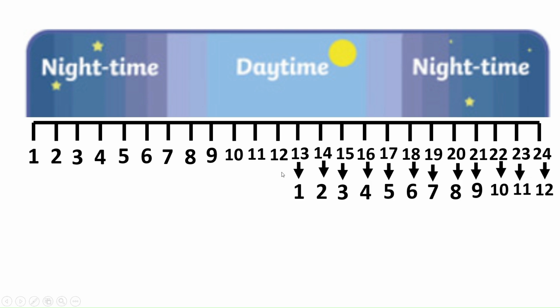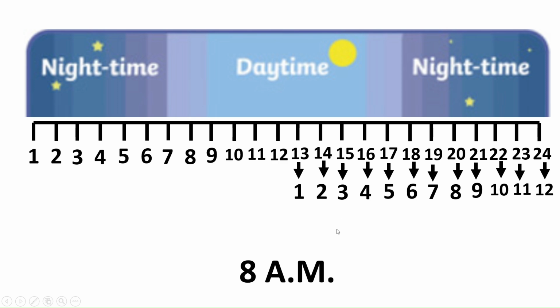So we can move the first 12 hours along to where the last 12 hours is, and we can basically make a connection with each of the two numbers. So we can see that 13 hours is equal to 1 p.m. We can see that 14 hours is equal to 2 p.m. and so on.